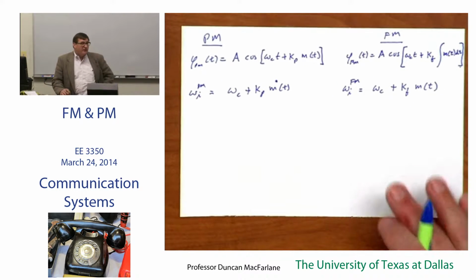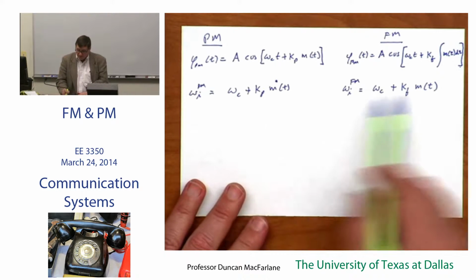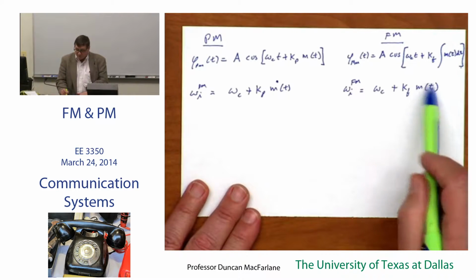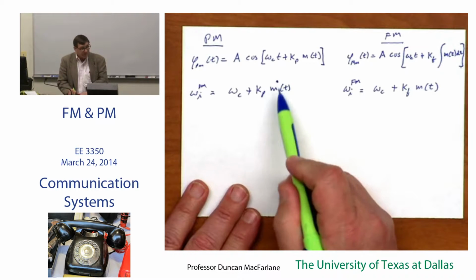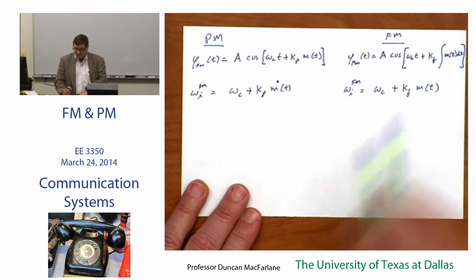So you'll see it's very close to the same form, except for one thing. For phase modulation, the message signal in the instantaneous frequency is the derivative of the message signal, and here it's just the message signal.